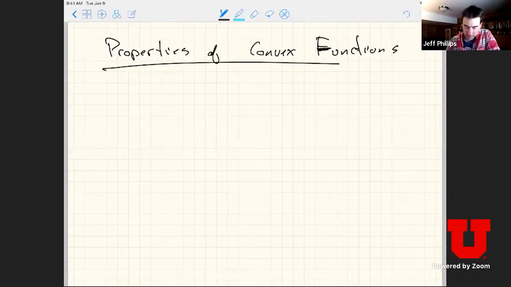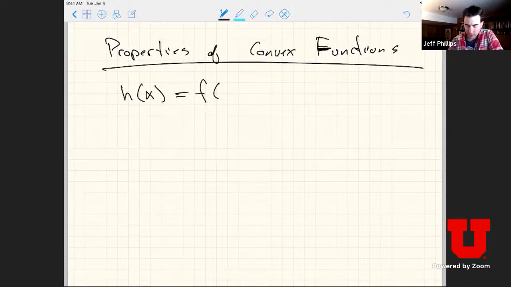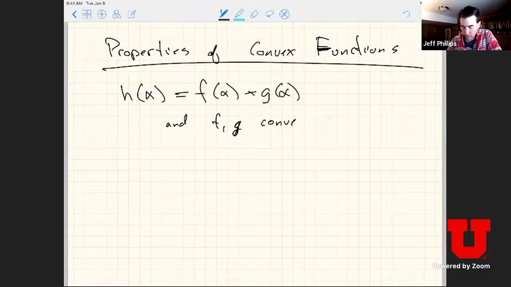The first: if I have a function h of alpha, which is f of alpha plus g of alpha, and f and g are convex, then h is going to be convex.